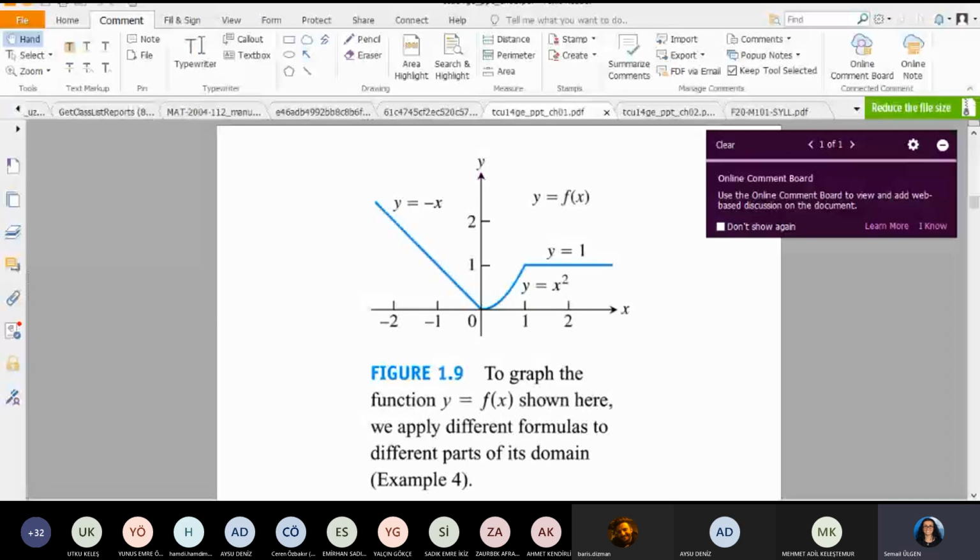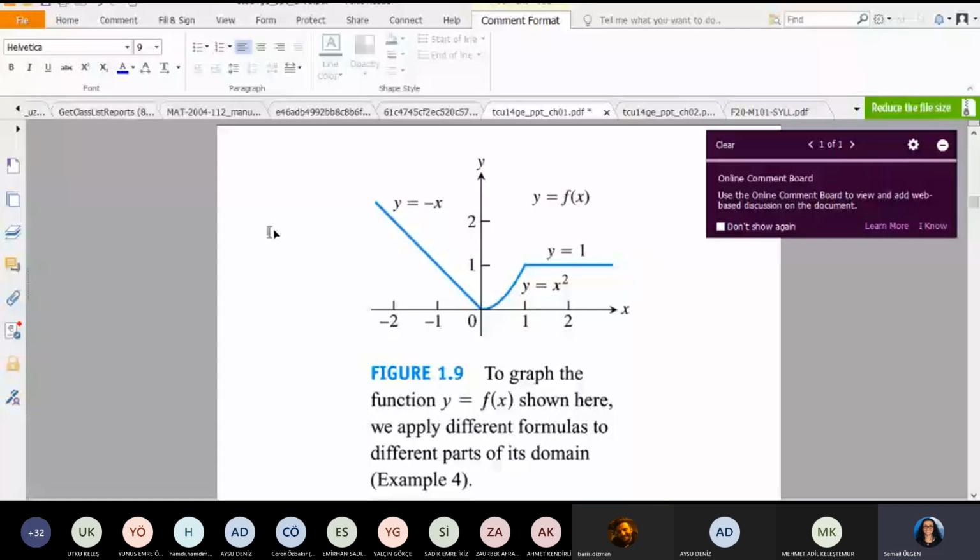See, these types of functions are called piecewise functions. Maybe I should write it somewhere. Let me make it a little bit bigger for you.